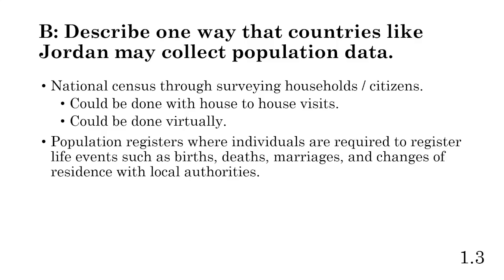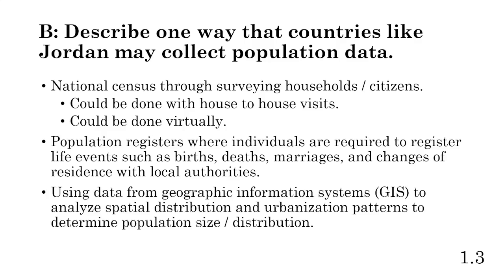If you've ever moved, I don't think any of you have been married yet, or have died either, and you don't remember your birth, but in such events, you do have to register this with local authorities just so they know what's happening to their population, if the population is going up or down, and that sort of thing. If someone dies, they can't just tax the person. They have to know they're dead to stop taxing the person. So that's why they're important. So that's another way that they could collect population data without a census. It is separate from the census.